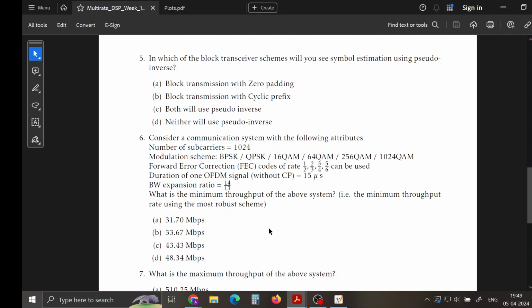That's the idea of reliability, and we are looking at that particular scenario in this question, and we want to obtain low probability of error. These schemes have multiple bits. For instance, 1024 QAM has how many bits per symbol? log base 2 of 1024 means 10, right? 10 bits per symbol.